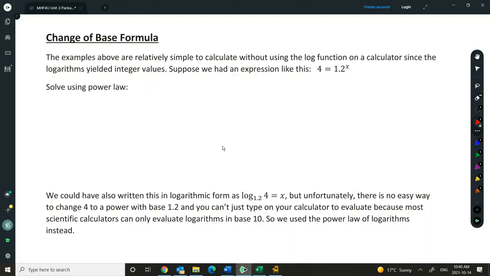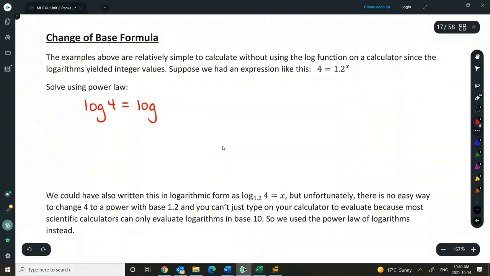But what if that's not possible? So what if I have something like 4 equals 1.2 to the x? I already have a decimal. That makes things more complex, right, to try and find that exponent on there. So normally what we would do with power law is we would take the log of both sides, right, because the base and the exponent are already isolated.